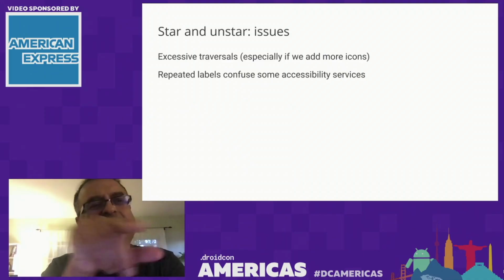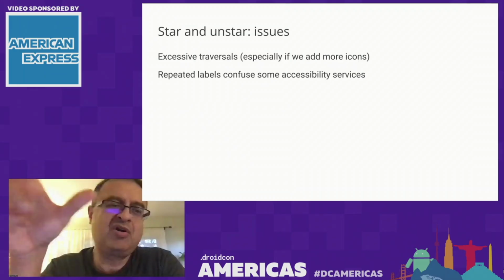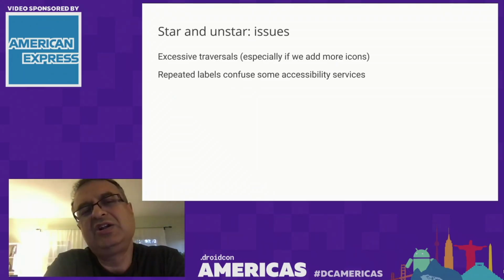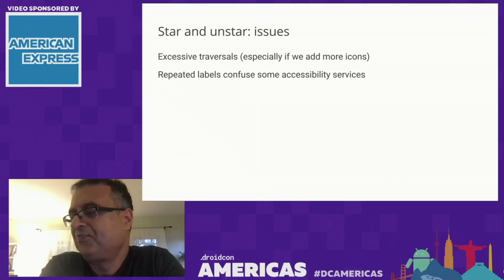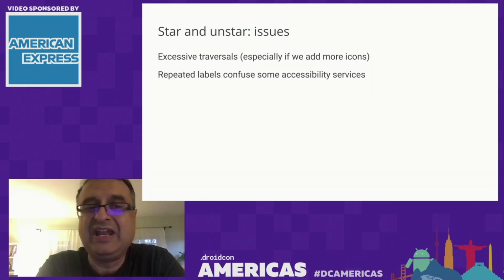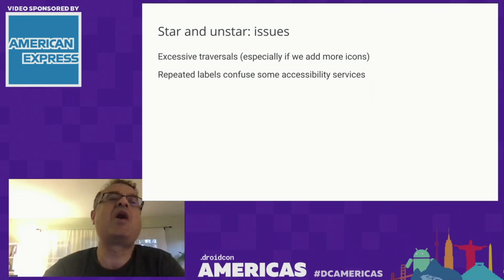You're basically just spending all your time swiping right to get from item to item, or in the case of switch access, just pressing your switch over and over to get from item to item. These are not the most comfortable ways to traverse UIs in any case. You don't want to make it any harder by requiring excessive traversals.